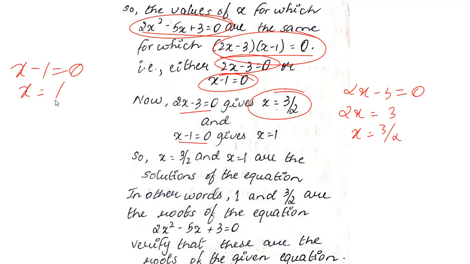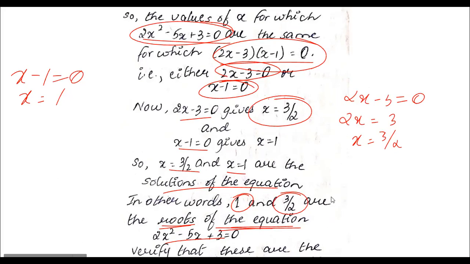Got it? So these are the solutions for the equation. In other words, 1 and 3 by 2 are the roots of the equation. Instead of solutions for the equation, we can express using few scientific terms as roots of the equation.